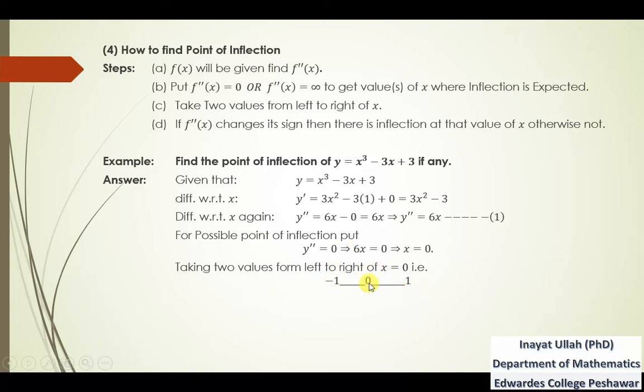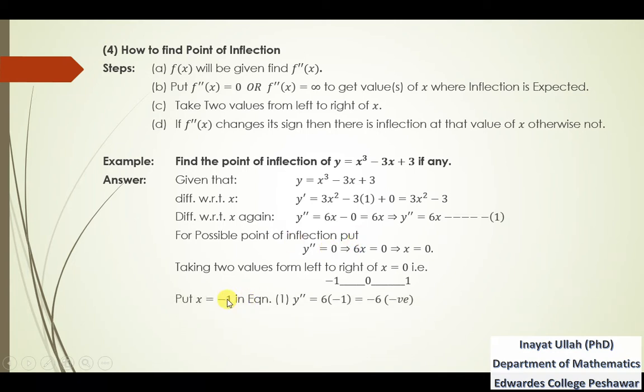You can also take the nearest values on the left side, minus 0.1, minus 0.2 or minus 0.5, and similarly on the right side plus 0.1, plus 0.2, and so on. I have taken minus 1 and plus 1. So we need to put these two values, minus 1 and 1, in the second derivative.